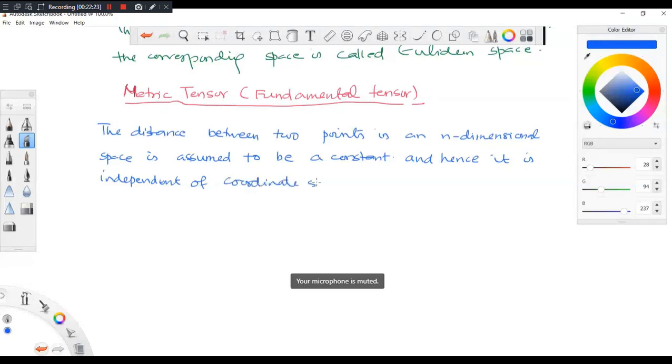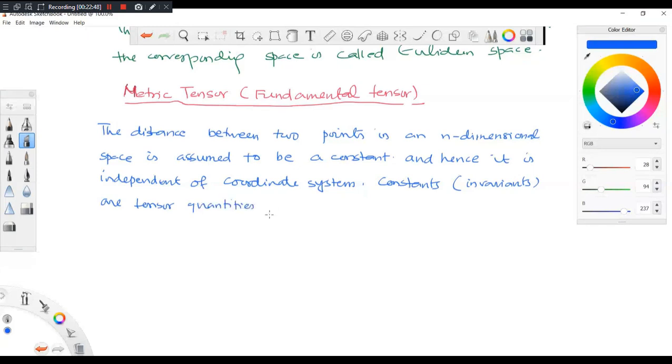So constants are constants. You can call them invariants. Invariants are tensor quantities of rank 0.